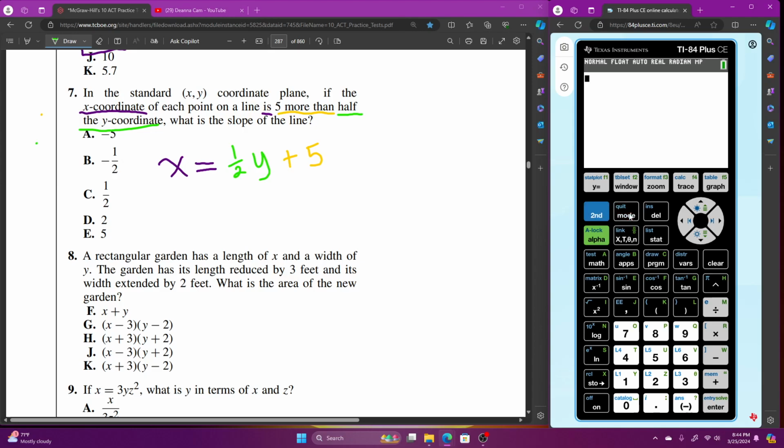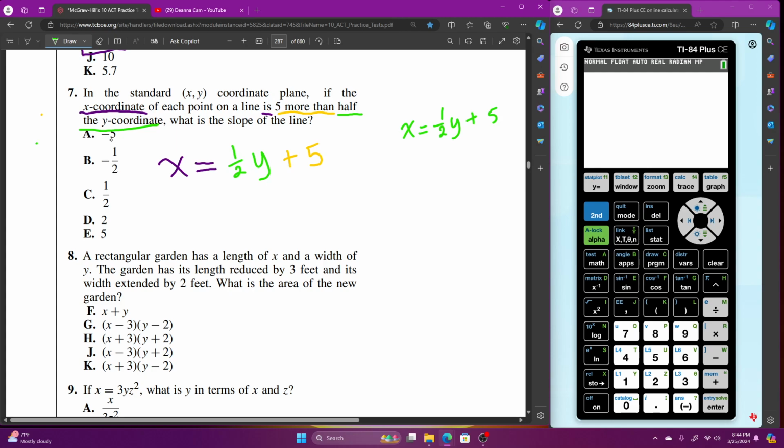So that's not going to be my method here. In order to get my y by itself, there's 2 different ways you can go for your first step. X equals 1/2 y plus 5.